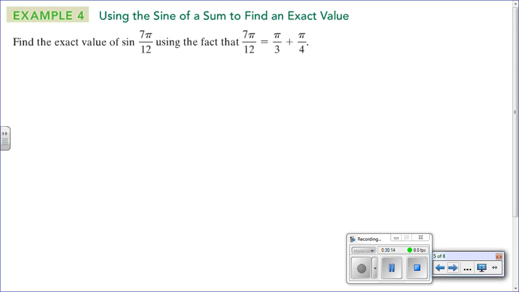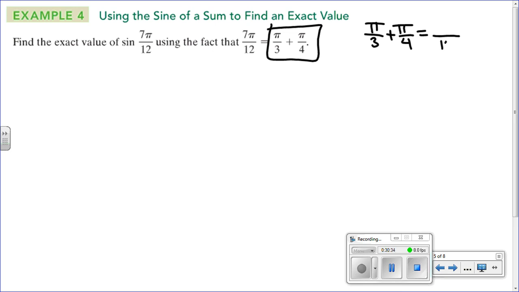However, those we don't, so what we have to use is the subtraction, but before that, let's make sure that it is true. So if I start with pi over 3 plus pi over 4, and I want to add them, I want them to have a denominator of 12.